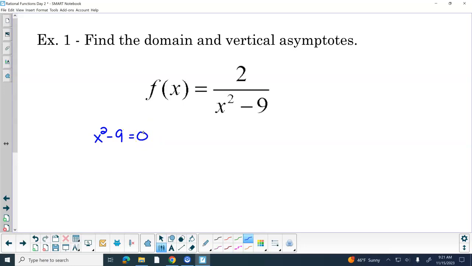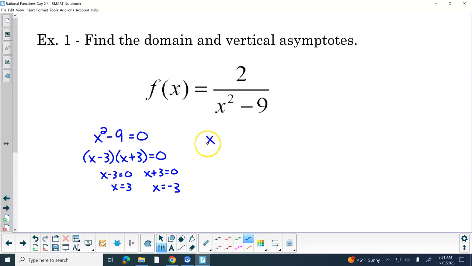One way is I could factor this, and I get two answers. Difference of perfect squares, factors out, get it.